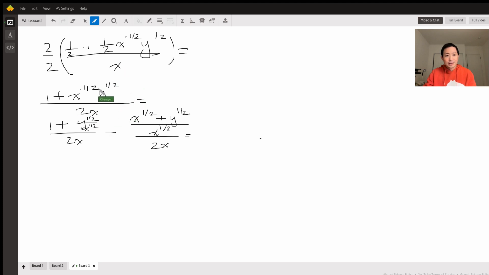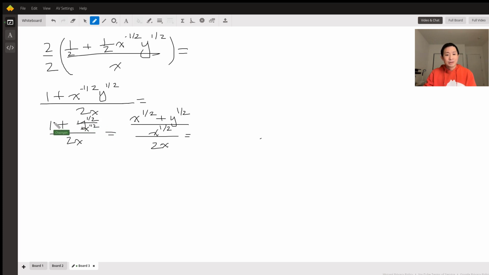All right. Now remember that a negative exponent indicates division, so that moves to the denominator. So now I have 1 plus y to the 1/2 over x to the 1/2 over 2x. If I want to add fractions, we know that we need a common denominator for that. So x to the 1/2 is the common denominator in this instance.